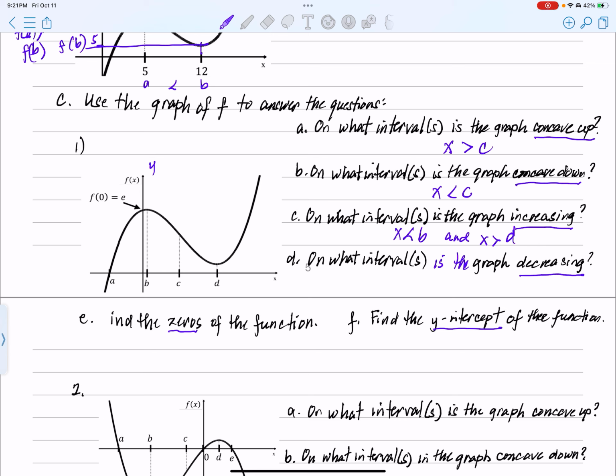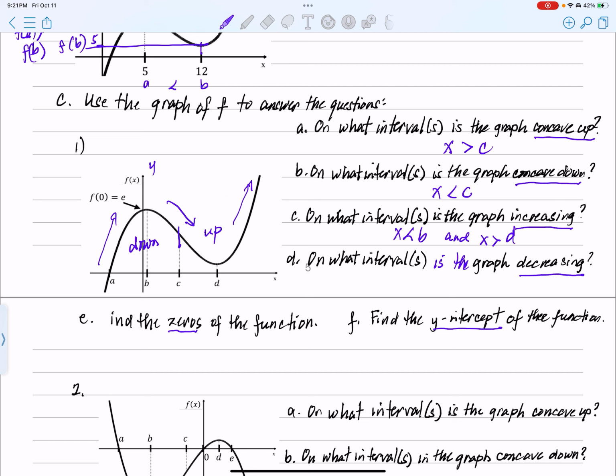So, concave up. Right here, this is up. So it is from here, greater than c. This is going down. And this is going up right here. This is concave down. I will not use the up terms.